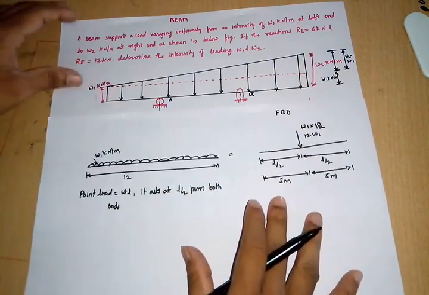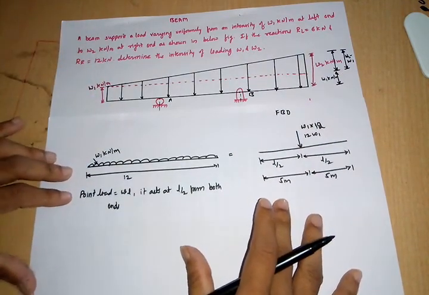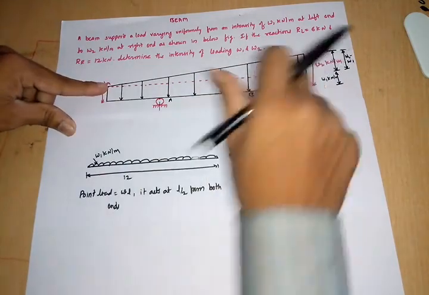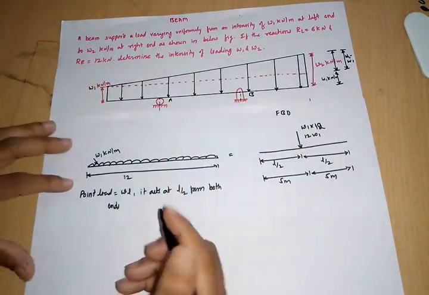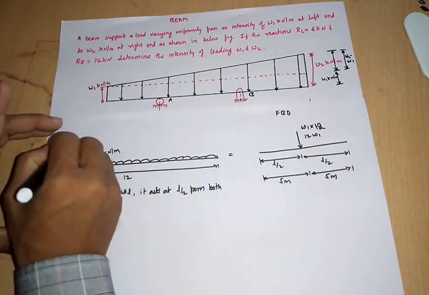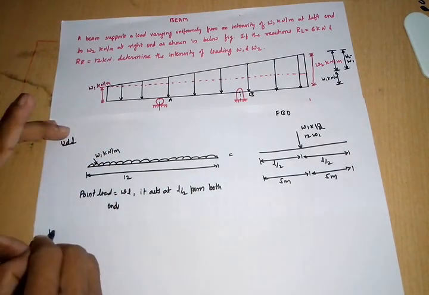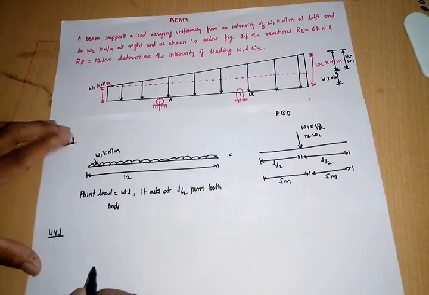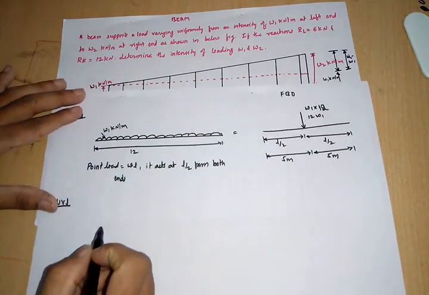Next, similarly I have to draw the free body diagram of this triangular loading, that is the UVL. Again I have to draw as it is.